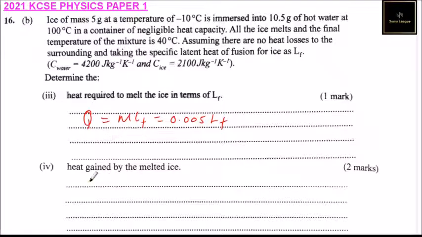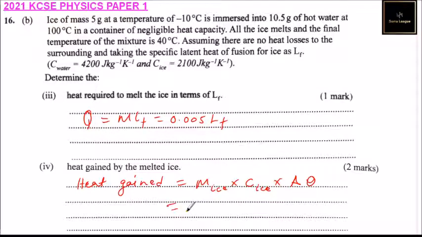Then part 4, heat gained by the melted ice. So heat gained by the melted ice is equal to the mass of ice, multiplied by heat capacity, multiplied by the change of temperature.